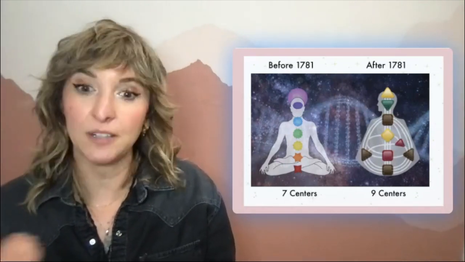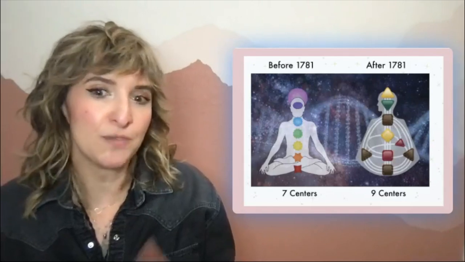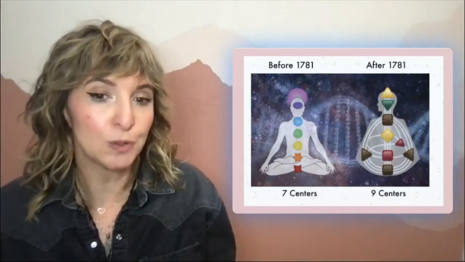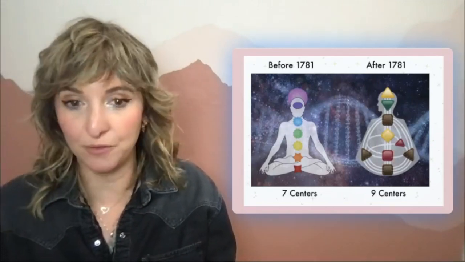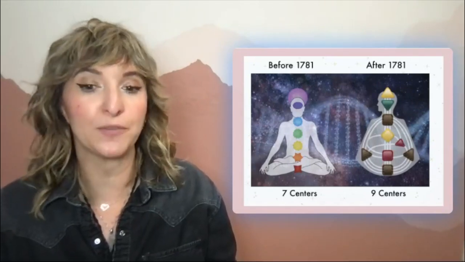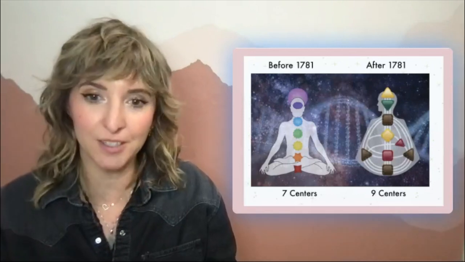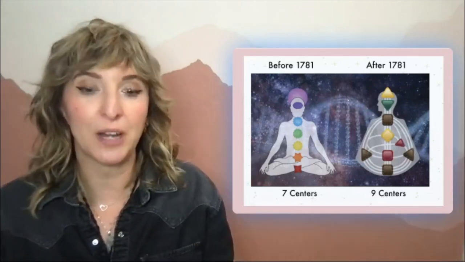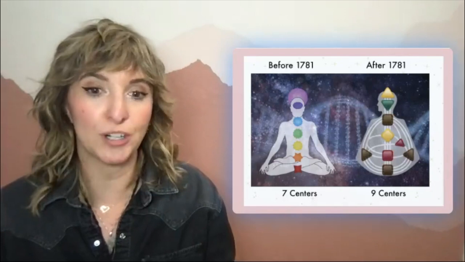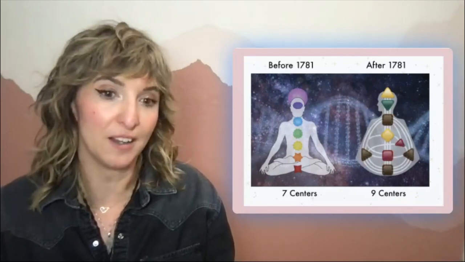So we went actually from living an average 35-year life cycle to living an average 84-year life cycle. We went from being Saturnian in nature, Saturn takes about 30 years to go around the sun, to Uranian, which is about 84 years for Uranus to go around the sun.